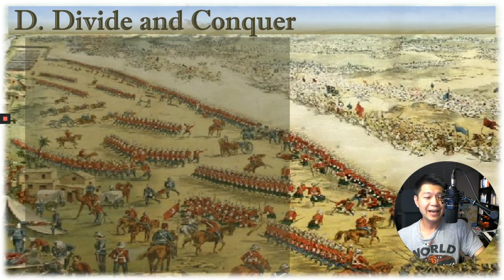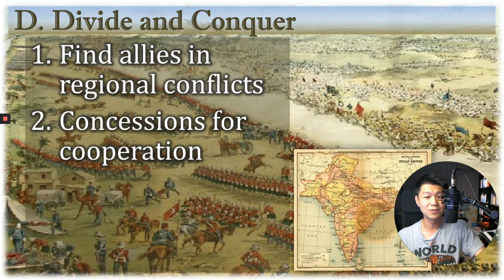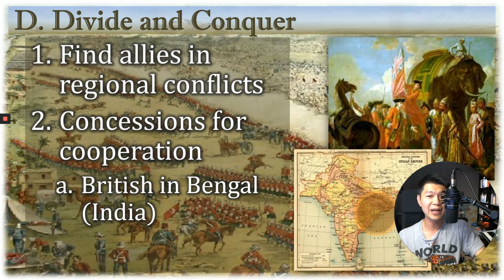And then when it comes to places like Sub-Saharan Africa and South Asia, what Europeans have done is they find local allies in various local regions, and what they'll do is they will divide and conquer. They will look in many cases to various existing kingdoms or tribes that might help them out.